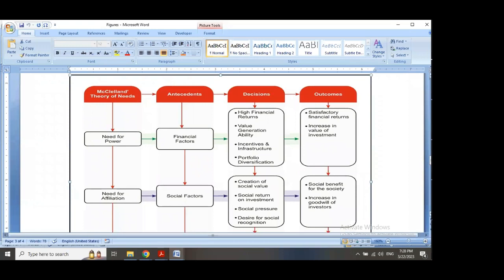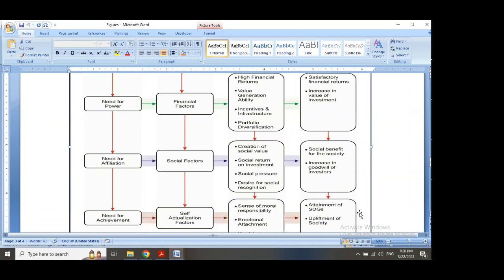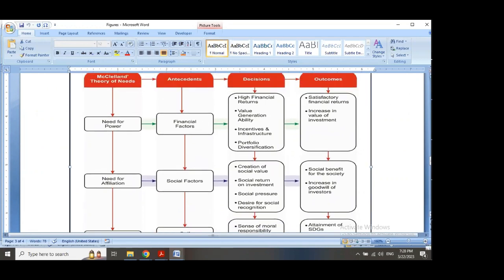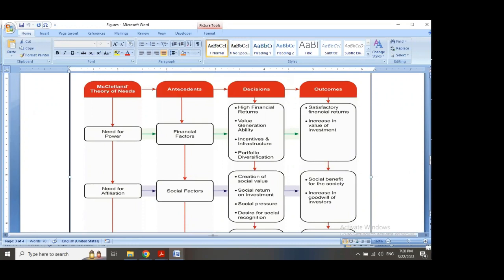Look at this: based on the previous papers on impact investing, we have identified three factors: financial factors, social factors, and self-actualization factors. These three factors are based on previous studies of impact investing. These are the antecedents, the main factors. These are the decisions, and these are the outcomes.